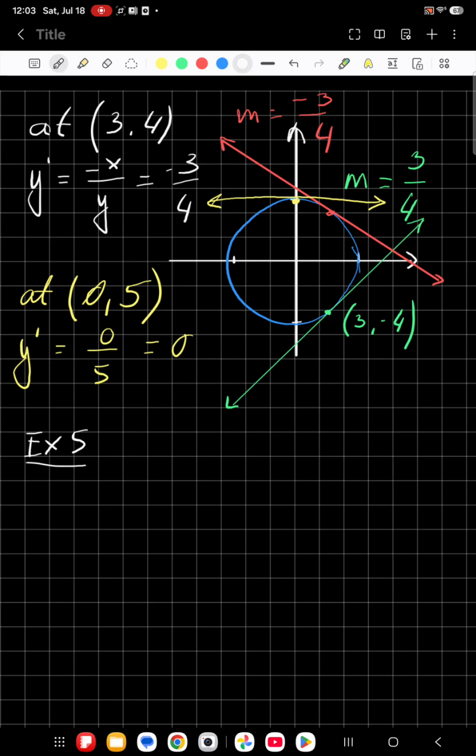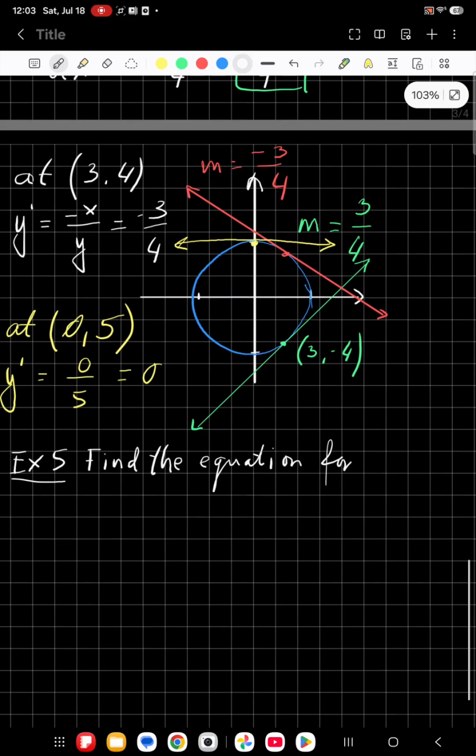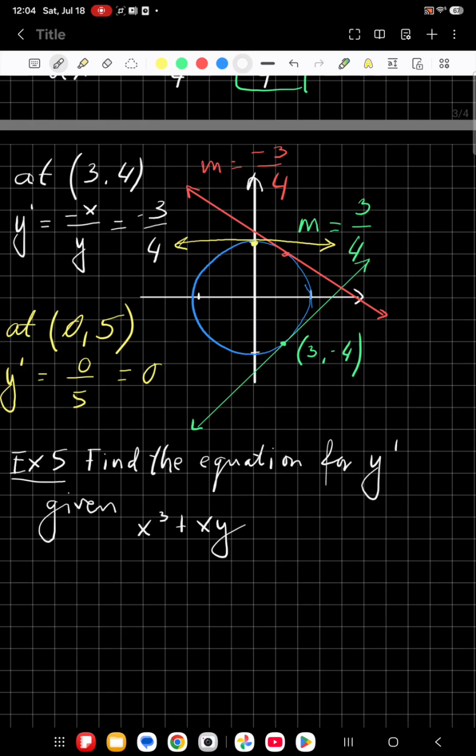Find the equation for y prime given an implicitly defined function: x cubed plus xy equals 7 minus y squared.